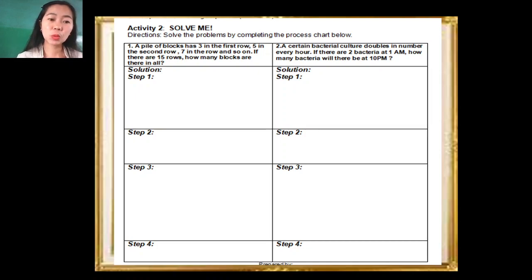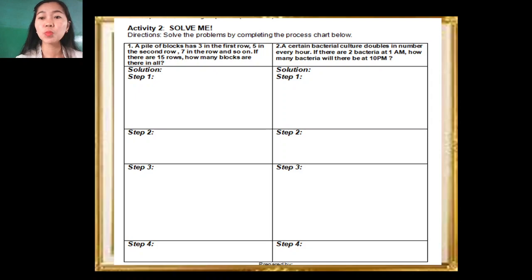And step 2, based on the given terms, anong formula ang gagamitin. In step 3, gamit yung formula, magsasubstitute ka na at magsisimplify. So, magsasolve ka para makuha ang sagot. And in step 4, yung nakuha mong sagot, ano yun? So, you are going to interpret your answer.